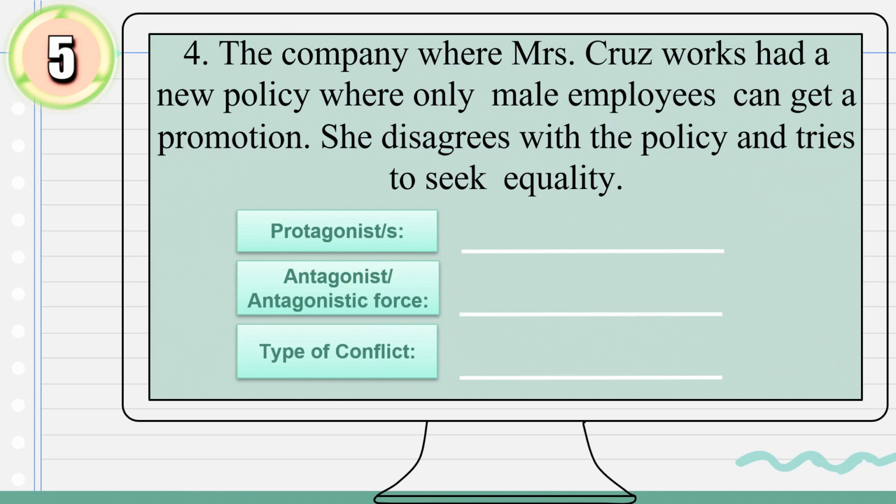Number 4. The company where Mrs. Cruz works had a new policy where only male employees can get a promotion. She disagrees with the policy and tries to seek equality. Who is the protagonist and what is the antagonist and the antagonistic force?